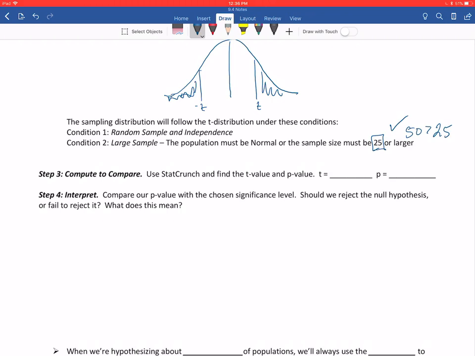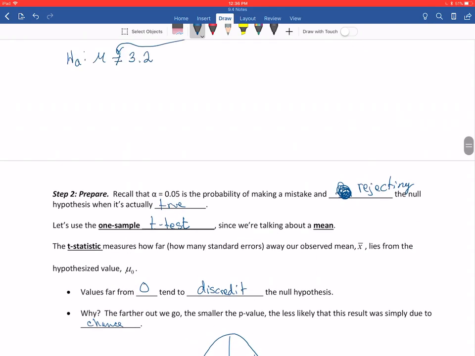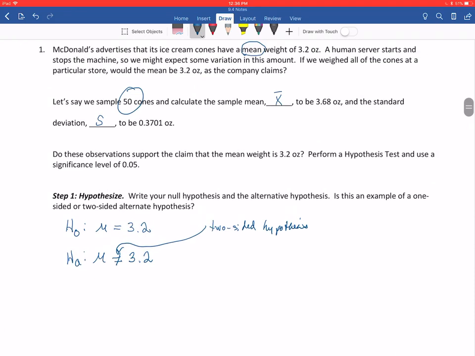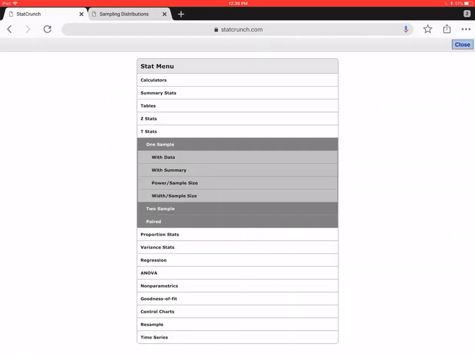So we can go in and use StatCrunch to find these values now. Reminding myself of the information we had, we're going to have to sub in way up here this information, because that was the sample mean and this was the sample standard deviation. Okay, so we can go back over to our StatCrunch.